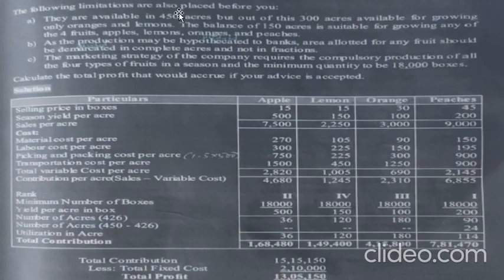They have stated in the question that the following limitations are also placed before you. There are 450 acres available, but out of this, 300 acres are available for growing only oranges and lemons. So out of 450, 300 acres are suitable to grow orange and lemon, and the balance 150 can grow any of the four fruits, that is apples, lemons, oranges, and peaches. The second point states that the production may be hypothecated, that is pledged to banks.